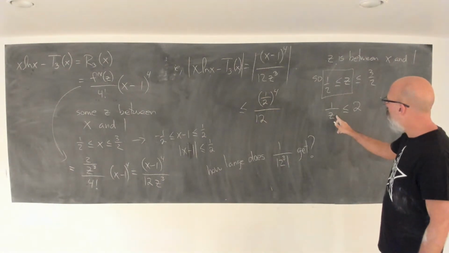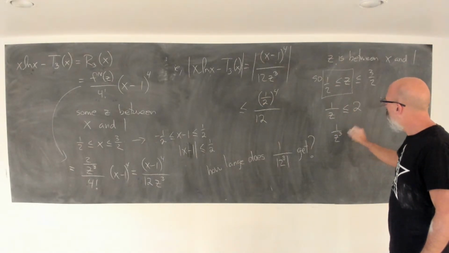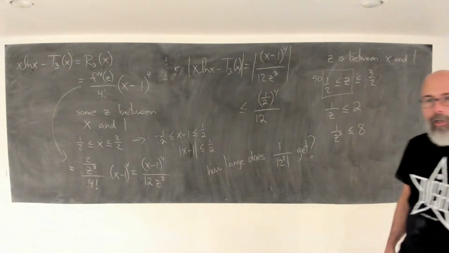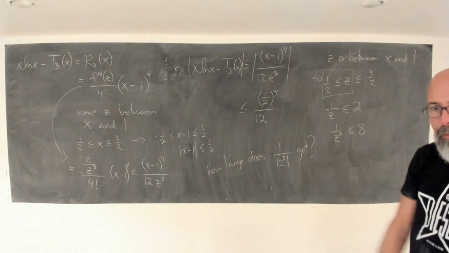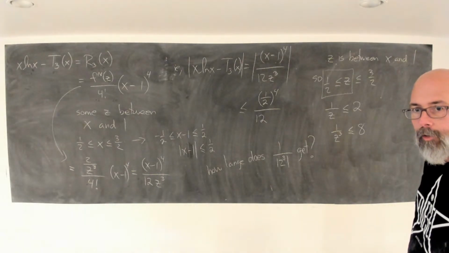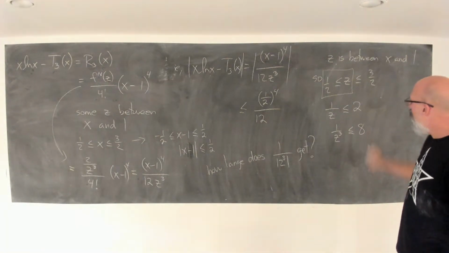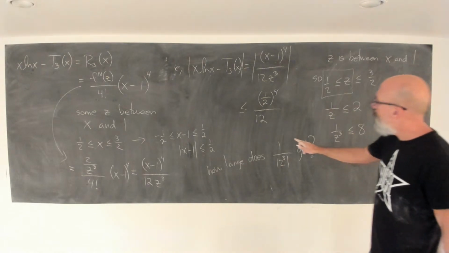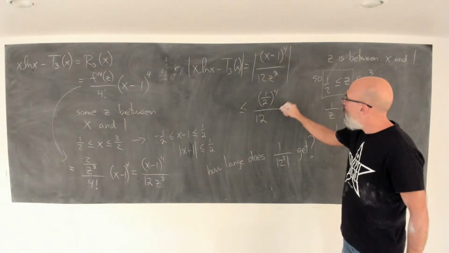And consequently, 1 over z cubed is going to be less than or equal to 8. Cube both sides. So maximum value, as Charles pointed out, occurs when z is 1/2, and this becomes 8. So you can replace the 1 over z cubed with an 8.